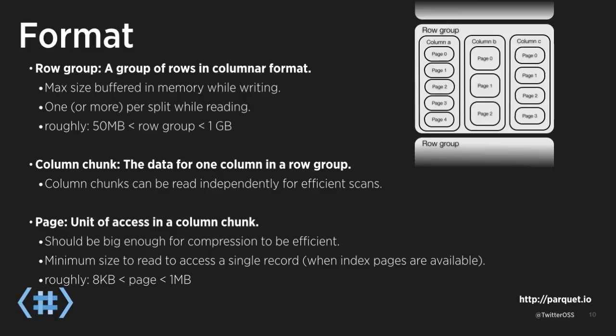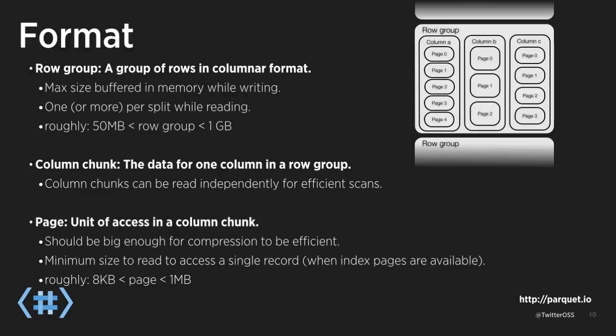So the row group would be roughly something like less than 1 gig. That's how much data at a time you would have in columnar format, and that enables much more efficient scans on each of those columns. And so a column chunk is how we call the chunk of the column inside a row group. And then each column chunk is split into pages. And the page is the unit of compression, right? That's a granularity at which you can read.